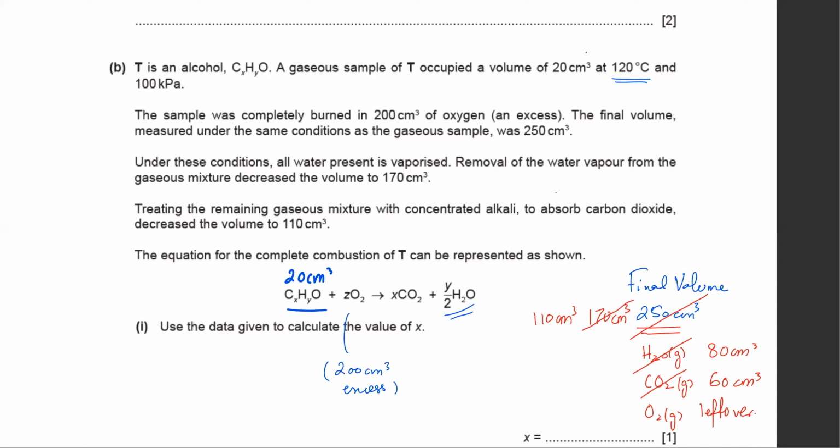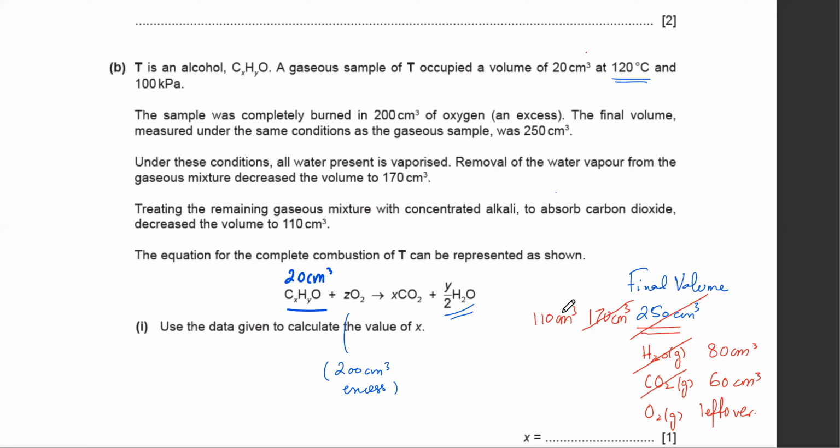So I'm just going to repeat this slowly. Originally your volume was 250 cm cube, all of them together. He removed the water, the volume decreases to 170. So that means you had 80 cm cube of water vapors. He removes the carbon dioxide and the volume further decreases to 110. So 60 cm cube of carbon dioxide is now gone.